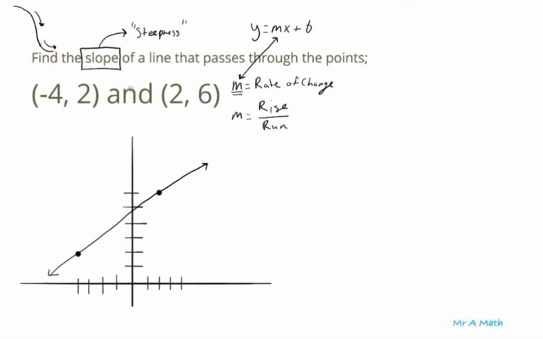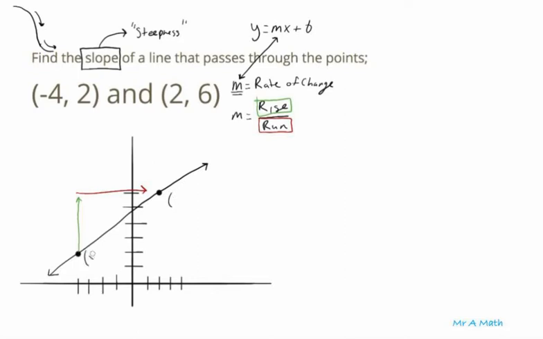What I mean is my rise, in green, is how far up this line is going to go, compared to my run, which is how far over this line is going to go. Let's give these points some arbitrary labels.